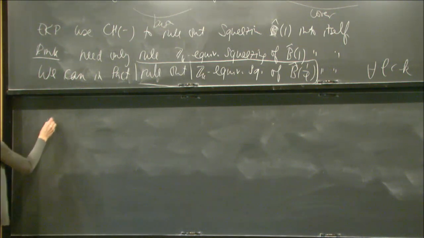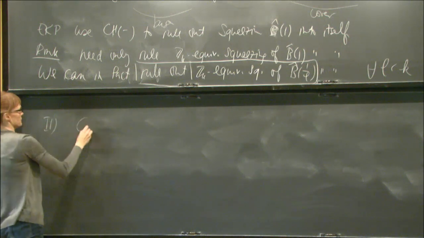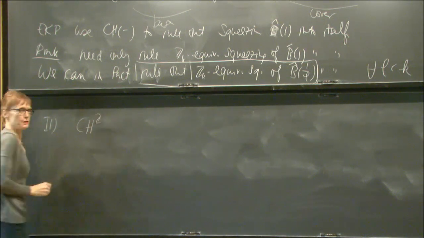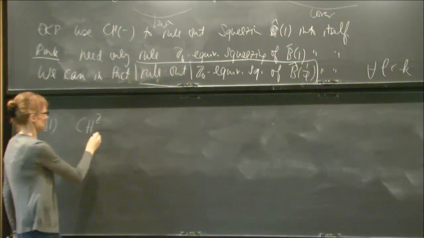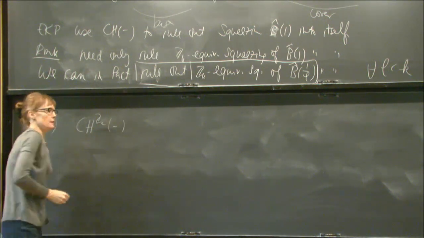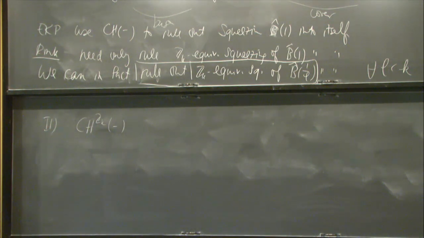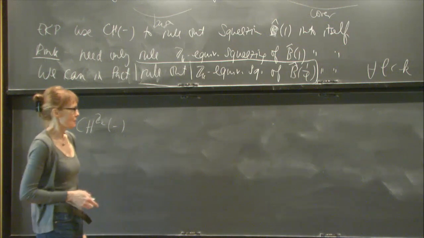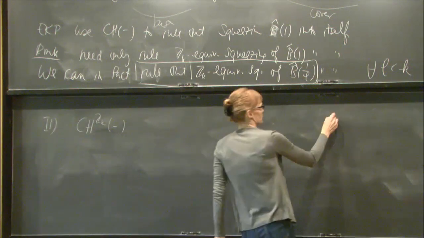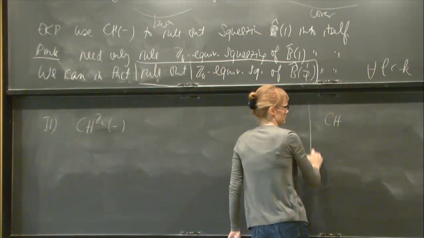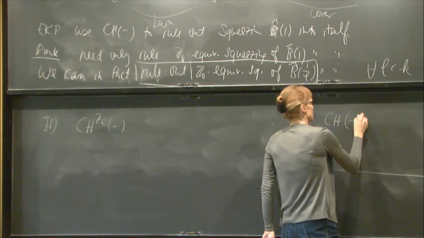Okay, so let me just very quickly talk about this modification of the contact homology that EKP used. So while the contact homology they define is just, let me mention this over here.